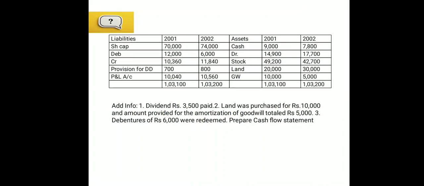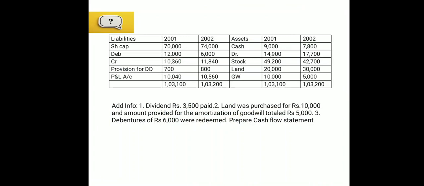In the balance sheet it is also visible. They have just repeated the same information in your additional information. Even if it wasn't given in the additional information, we would have taken the same transaction, land purchased 10,000. Now that it is given, it's clear for us. So no twice entry at all.